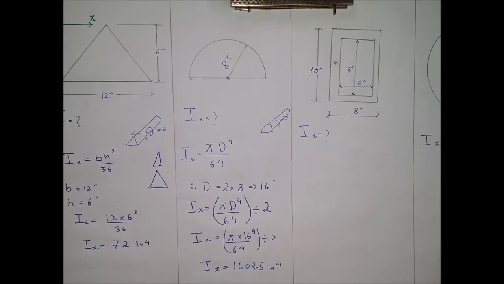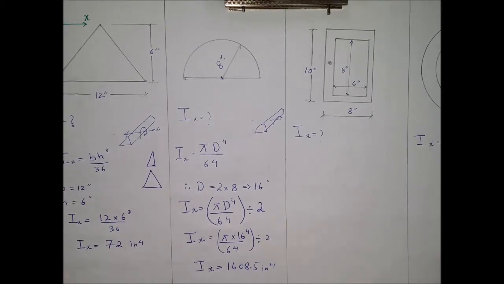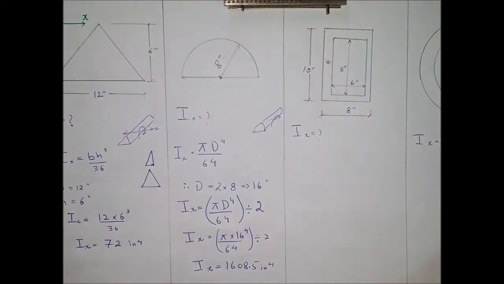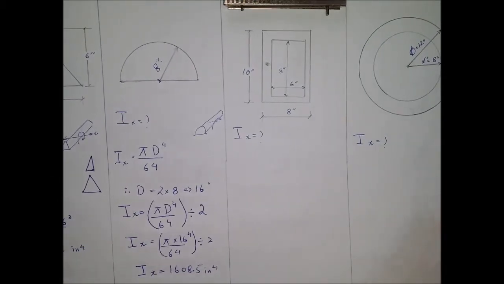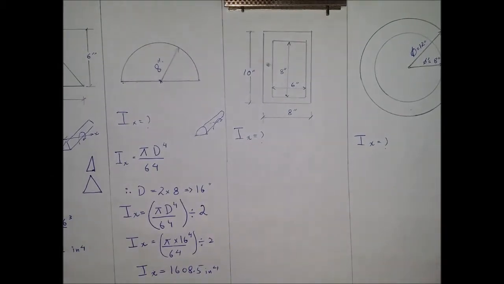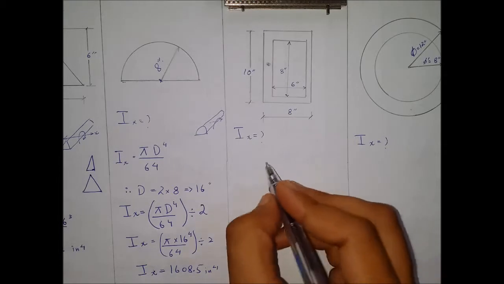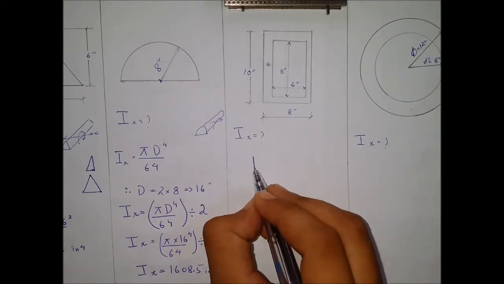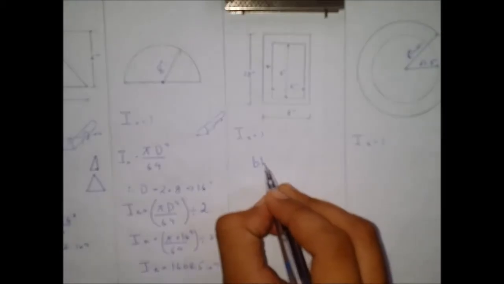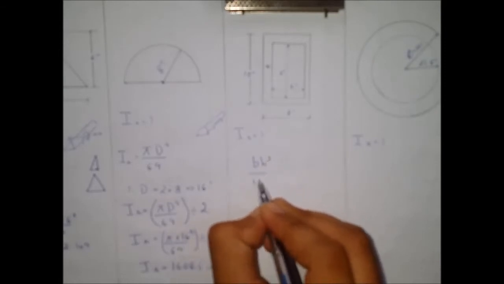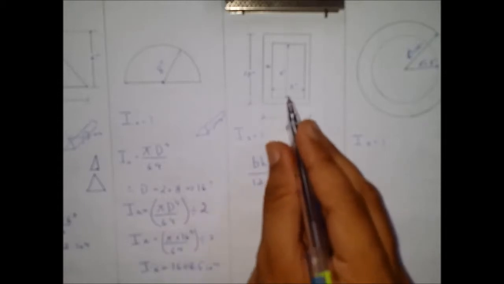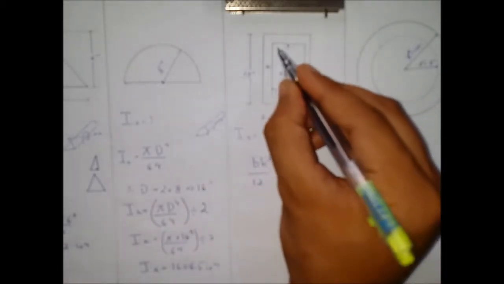Now let's begin with a void rectangular shape. We know that the moment of inertia formula for the rectangle is bh cube over 12. Now we have to break it into two parts since this part is a void.